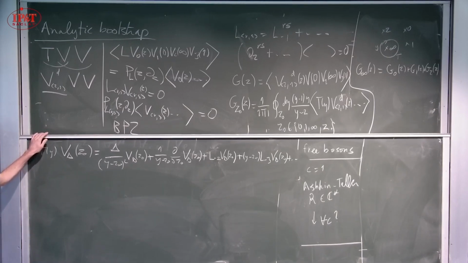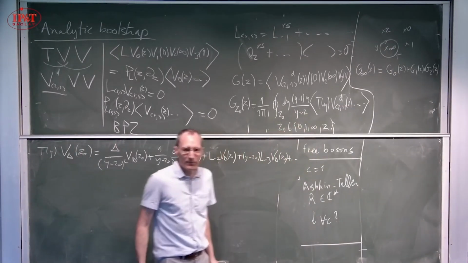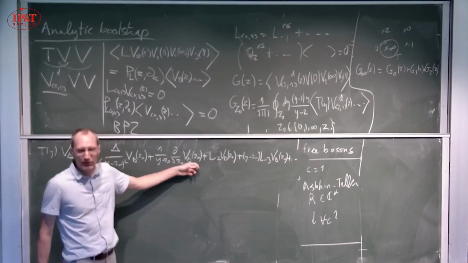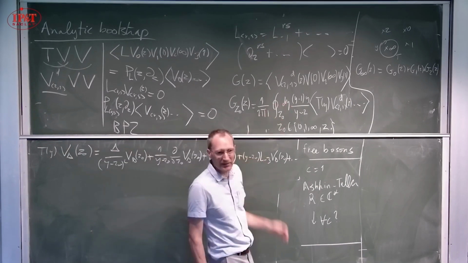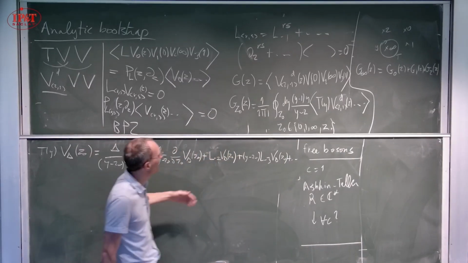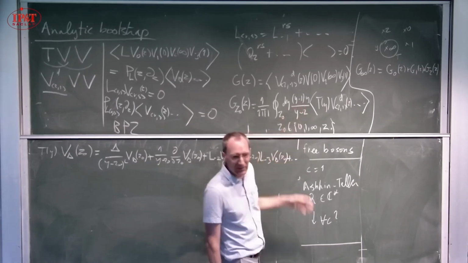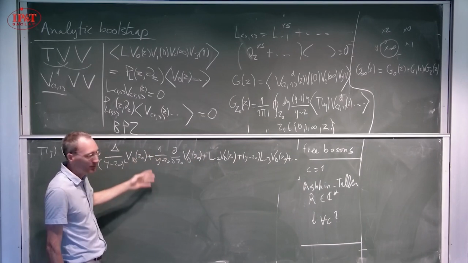So now you may fear that we've done something very stupid by setting 3 of our fields to 0, 1, and infinity. Because now in this OPE, we have derivatives of the position of the fields, right? And if we have fixed the positions, we can't take a derivative anymore. But the trick is that we have used here a prefactor which is meant to eliminate these contributions, to eliminate these residues, basically.